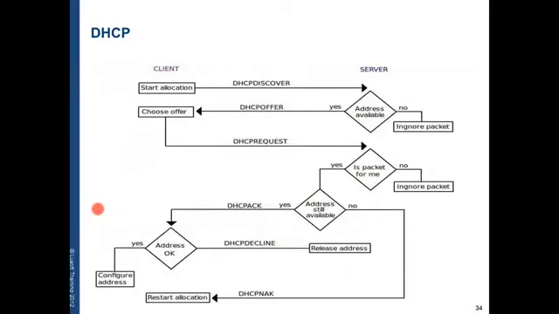The process of DHCP allocation is as follows. Always the client will start the DHCP process. It will begin in its initial state, will start the allocation, and it will send a packet called DHCP Discover.